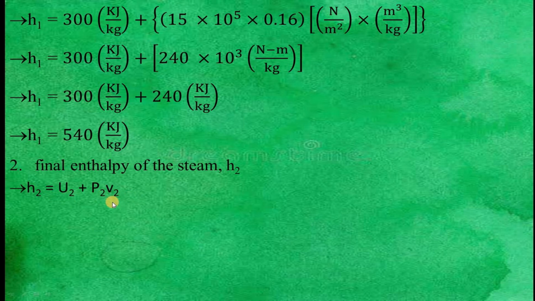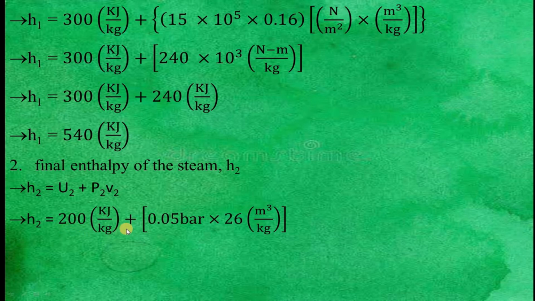So the next step will be H2 is equal to 200 kilojoule per kg plus 0.05 bar into 26 meter cube per kg. So here bar is nothing but 10 power 5 Newton per meter square. Therefore, I am going to rewrite this 0.05 bar as 0.05 into 10 power 5 Newton per meter square.